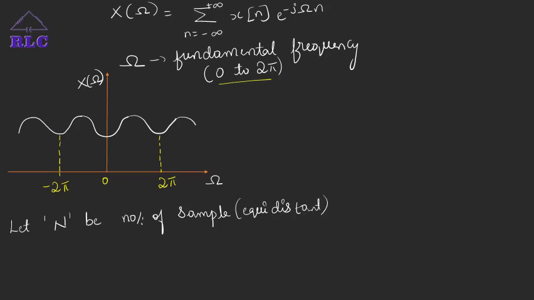If I sample this signal with equidistant samples, within the fundamental frequency range of 0 to 2 pi, let me sample the signal. Starting from 0, let this be at omega is equal to 0, the 0th sample. Next at omega is equal to 1 sample.